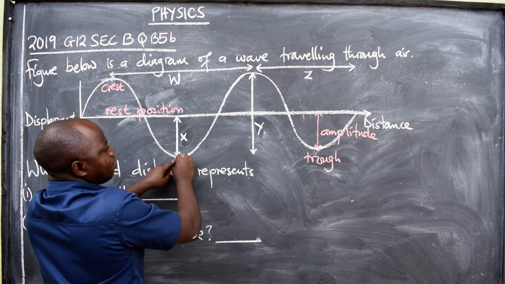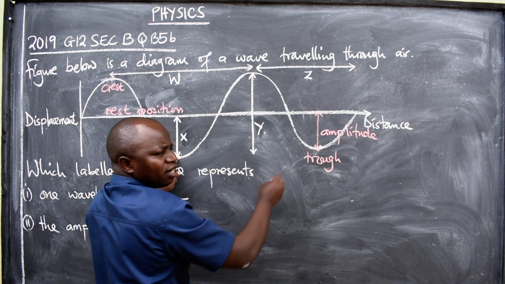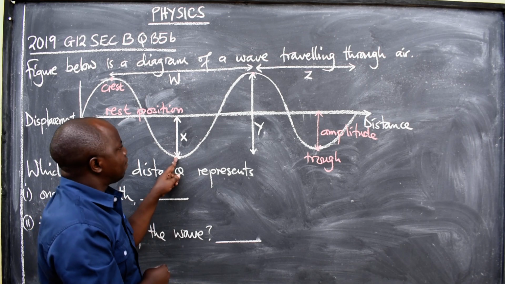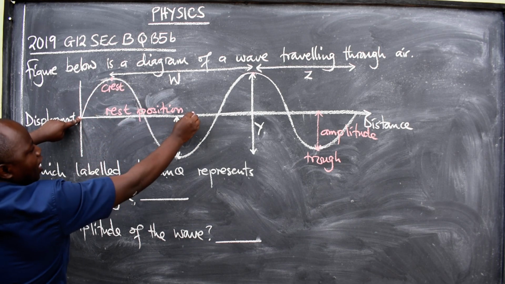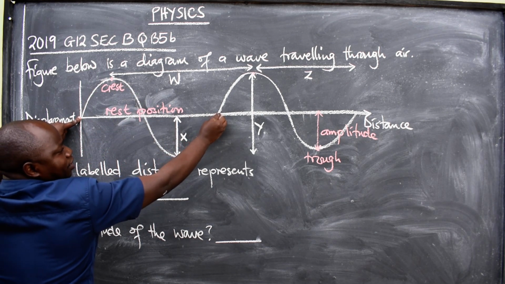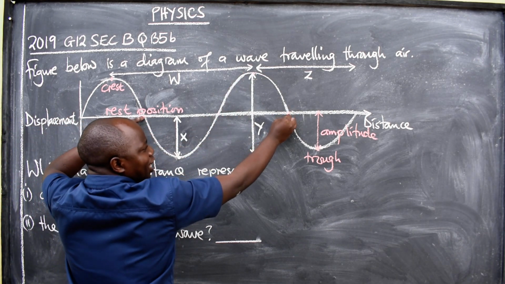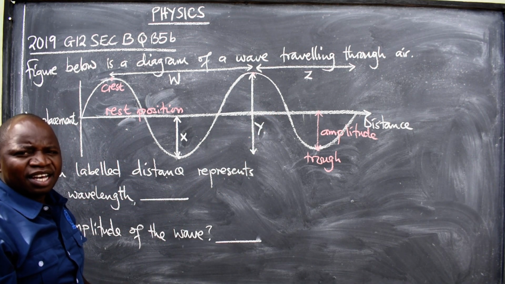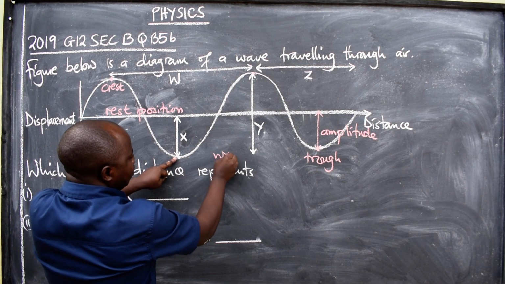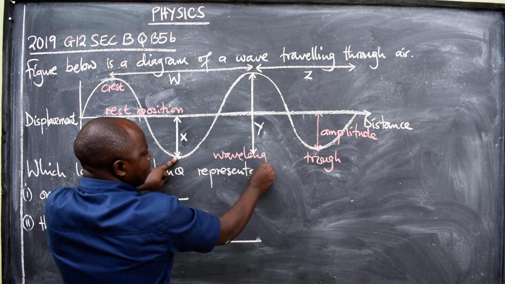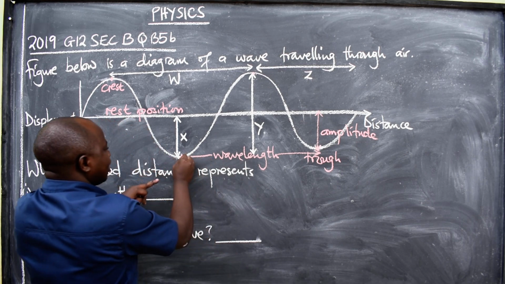It means from this point to this point, the wave has not been repeated. It's a complete one. If I start from here, I have to go up to that. What do we call that distance? That is called the wavelength. Meaning from this point to that point is the wavelength.